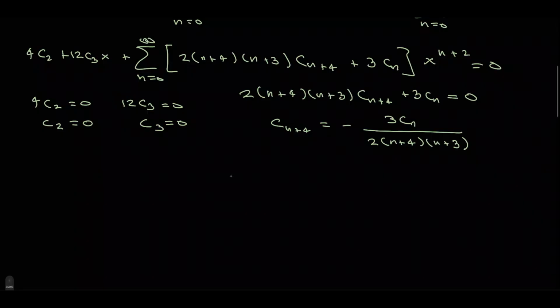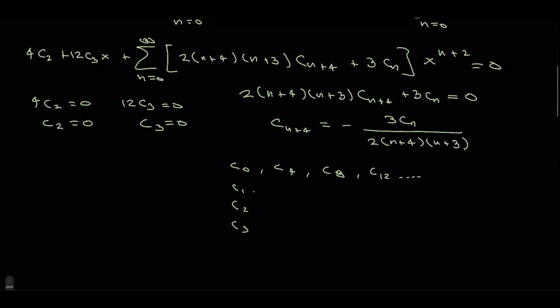Check this out: c sub 0, c sub 1, c sub 2, and c sub 3. c sub 4 would go naturally back to c sub 0. That's the first multiple of 4, starting at 0, so that is c sub 4, c sub 8, c sub 12, etc.